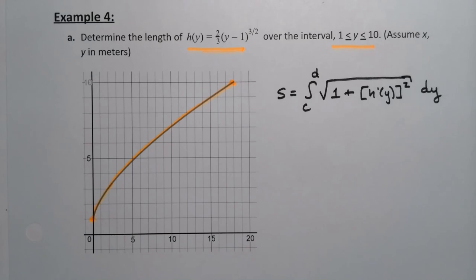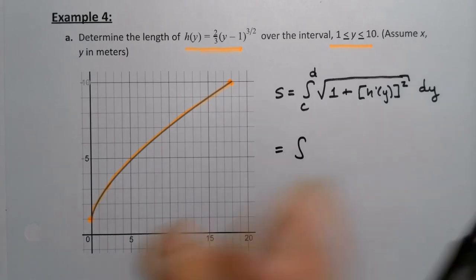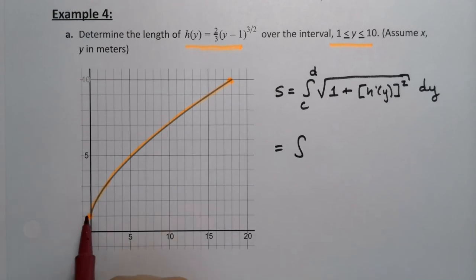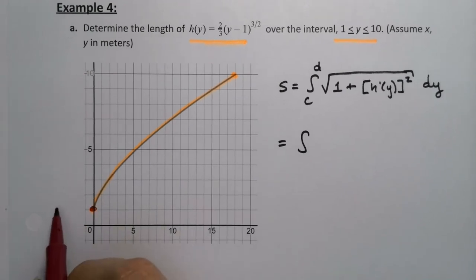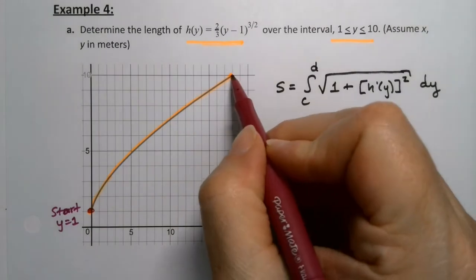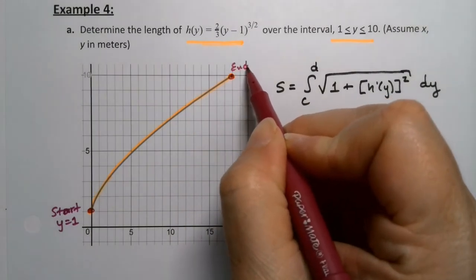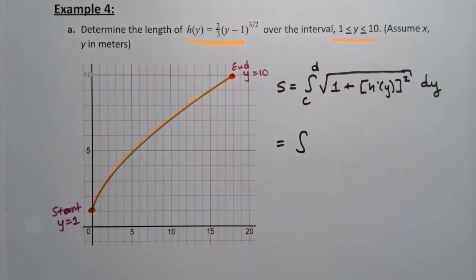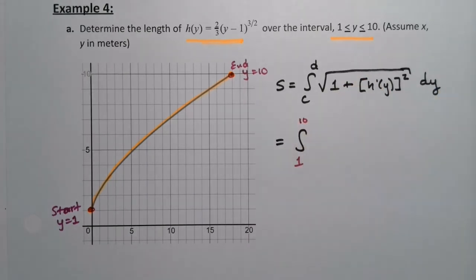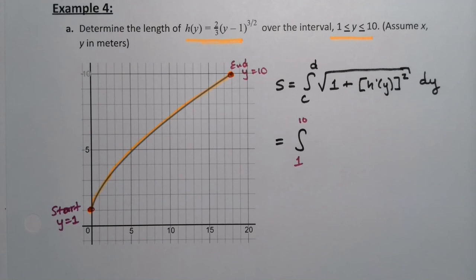We're obviously going from 1, our starting point. We start over here at y equals 1, and we end over here at y equals 10. And since we're integrating with respect to y, it's only the y values that matter, 1 and 10.